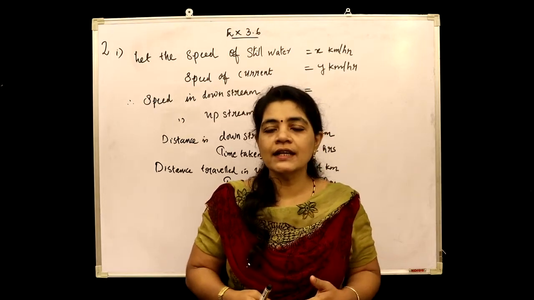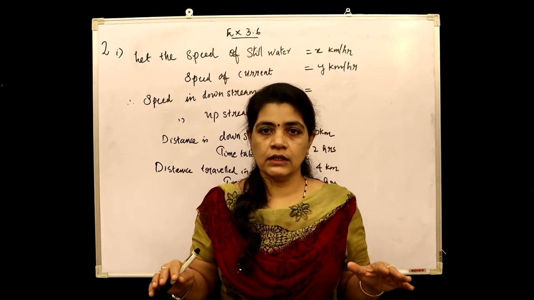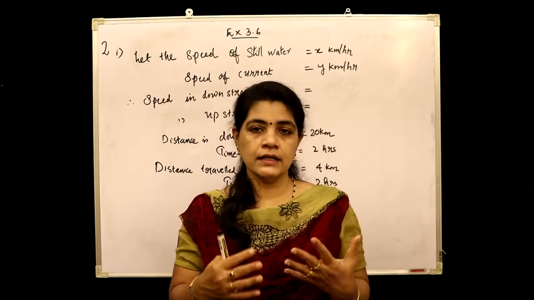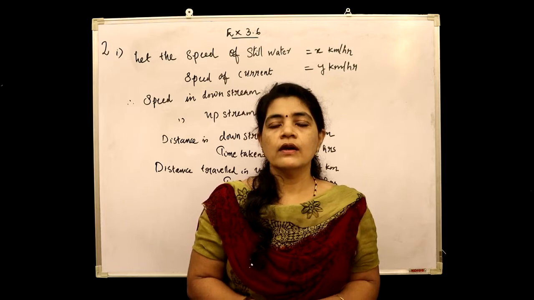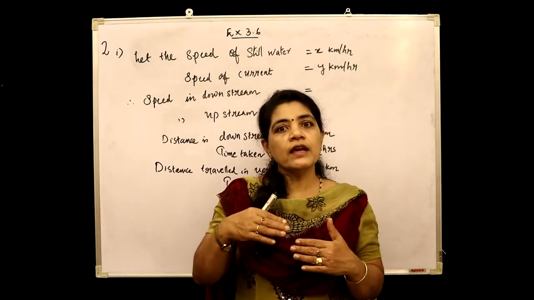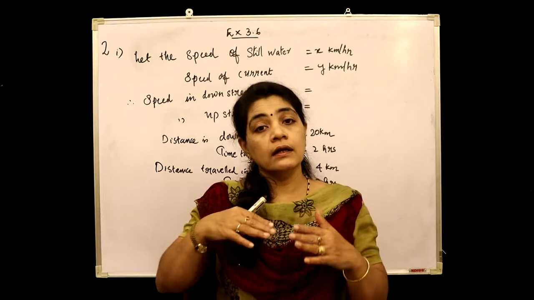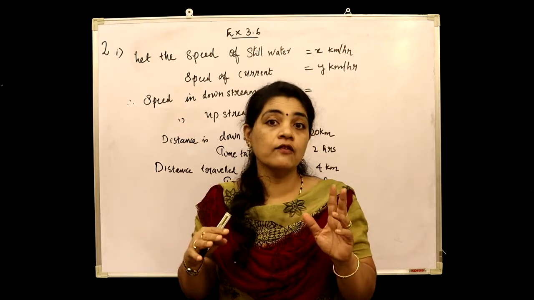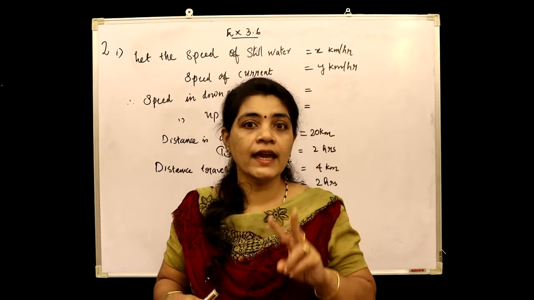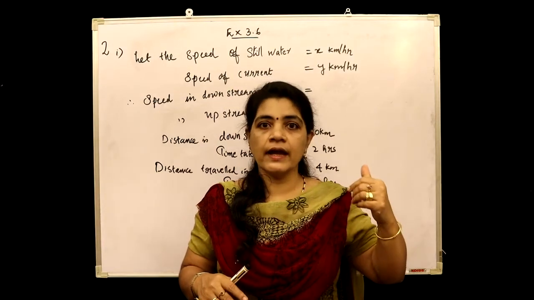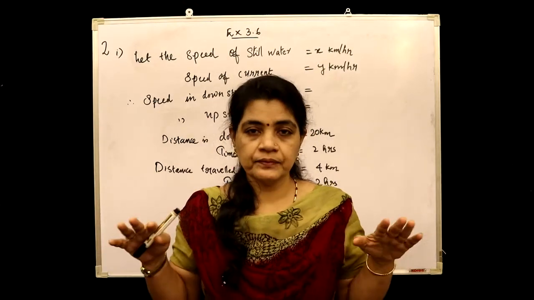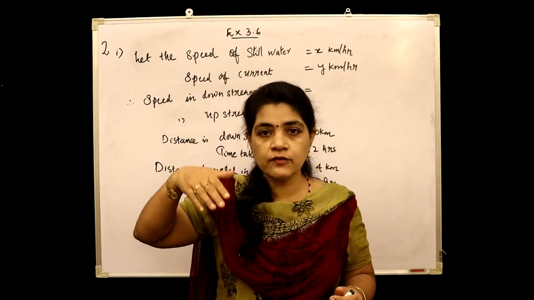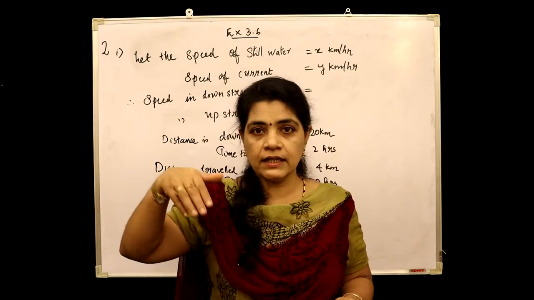The speed of the current is actually the speed of the water. The flow of water is what we mean by current. So children, here in this question we can form equations for two cases: one is upstream and the second one is downstream. We all know water has a tendency to always flow downwards, isn't it?